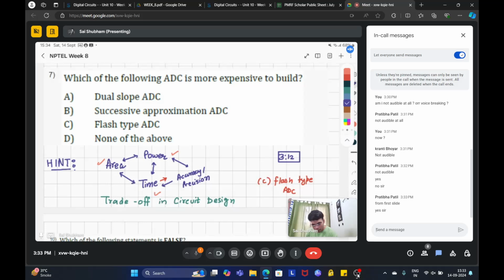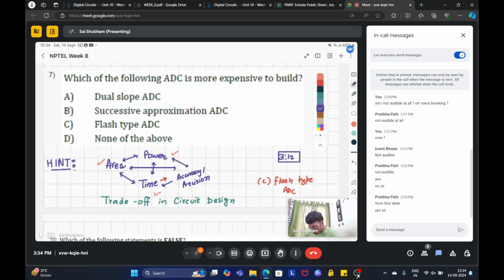If you want to make a low power circuit, then you will have to go for bigger area, more time, or less accuracy. If you want to make a higher precision circuit, then you will have to give more power, or more time, or go for a bigger area design. So there is always some trade-off in whatever design that we make.